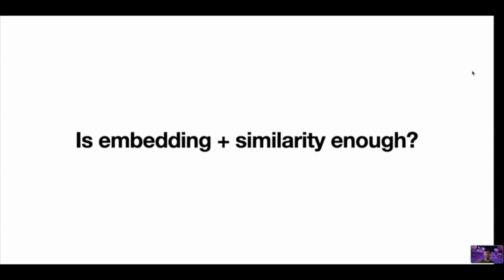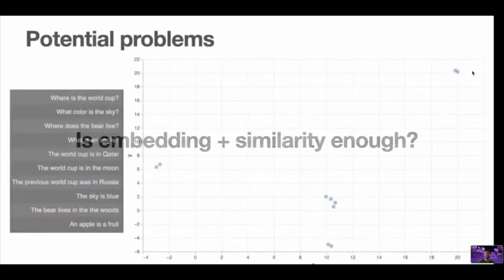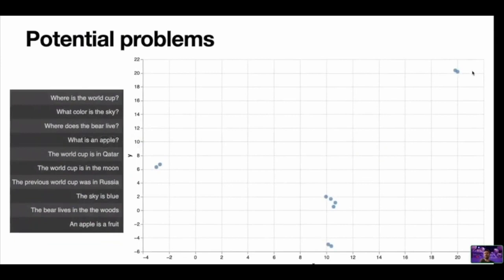But there are some difficulties with embedding and similarity. It's better than lexical search, but just doing an embedding and finding the closest sentence may not be that great. I put this small data set and plotted the embedding in 2 dimensions, and notice that there are 4 points that are very similar. This one over here is "where's the World Cup," which is the query.